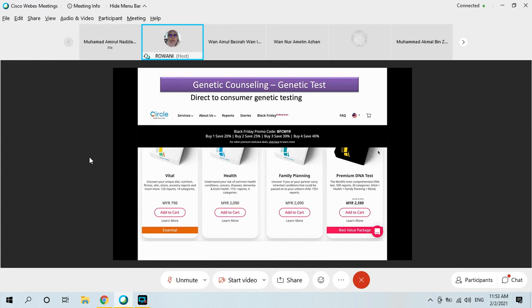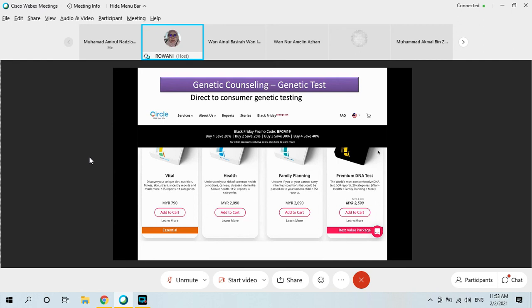This actually is not really acceptable because of various issues. First thing first, say your mother opted to do this, so she spent like 2,090 ringgit Malaysia to check her health. Then she got the results, but she does not have any specific doctor to seek advice from.